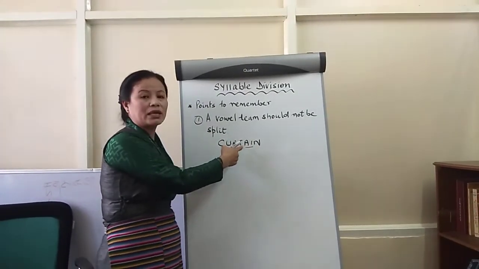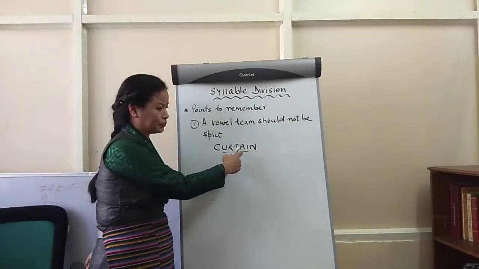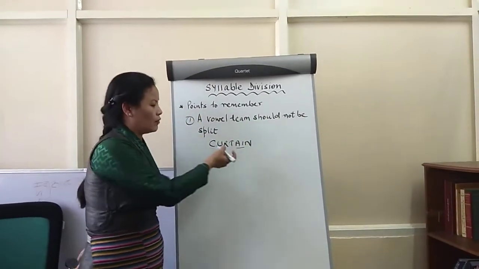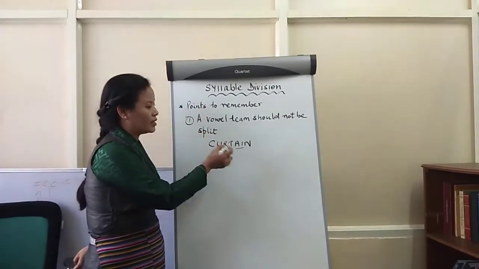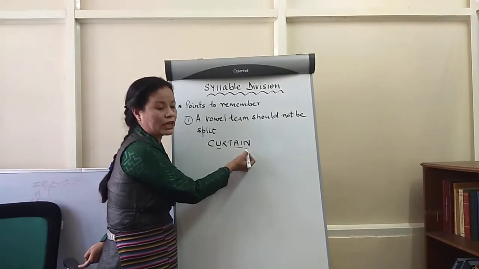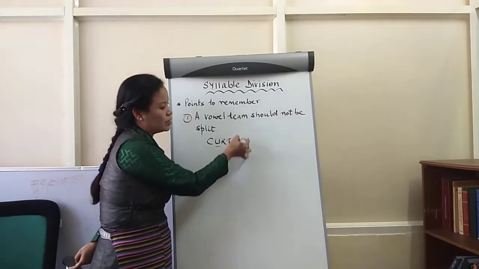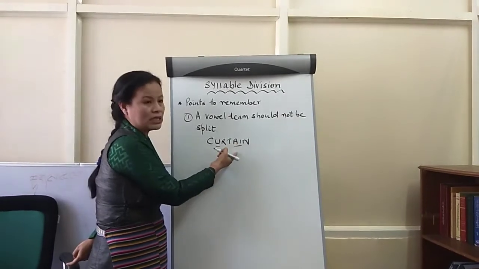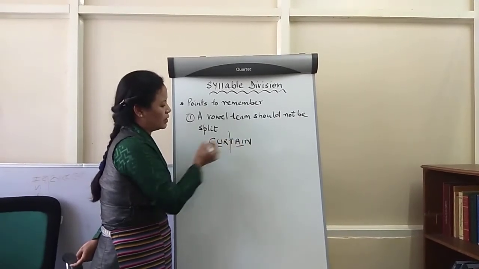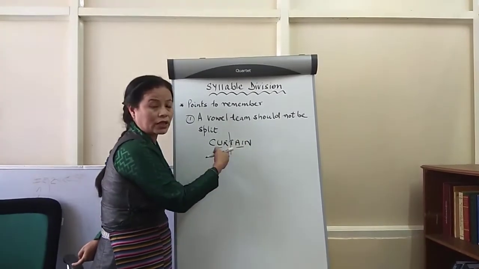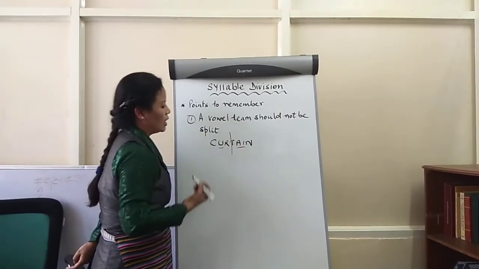Whenever you have two vowels together, the first vowel produces its sound. So we should not split this. We will consider this as one vowel sound, and we will split it, cur-tain.